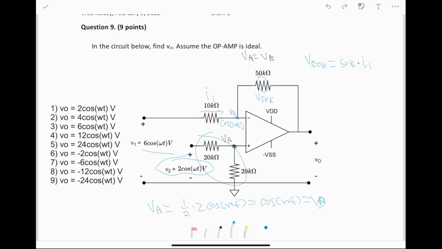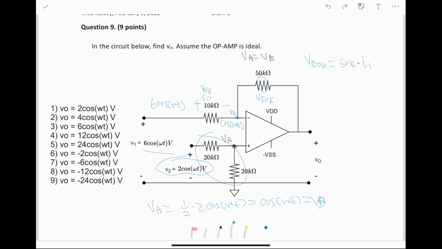We know that I1 is just going to be equal to whatever the voltage drop across this 10 kilo ohm resistor is, divided by 10K. So we might call that V10K. V10K here is going to be 6 cosine omega t minus cosine omega t, because those are the voltages on both sides of the resistor.